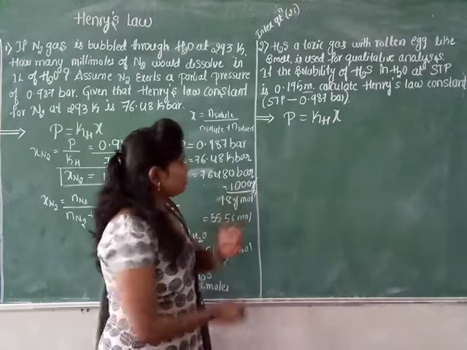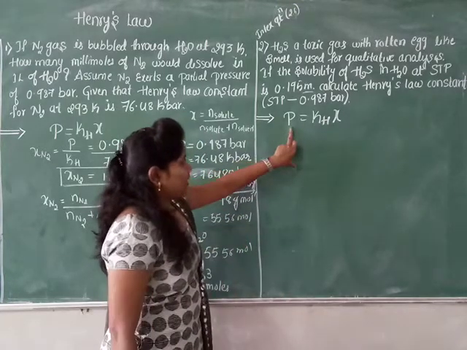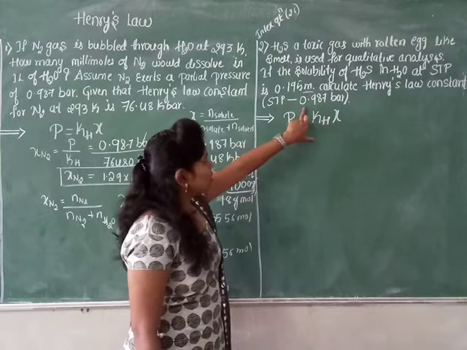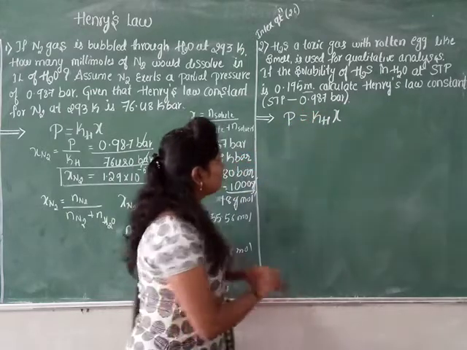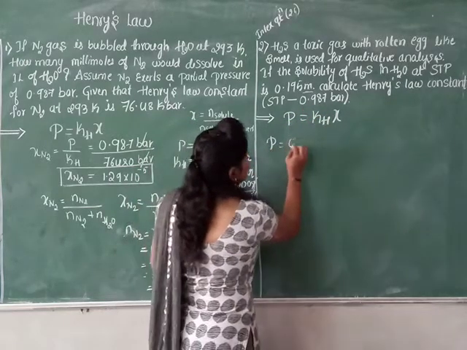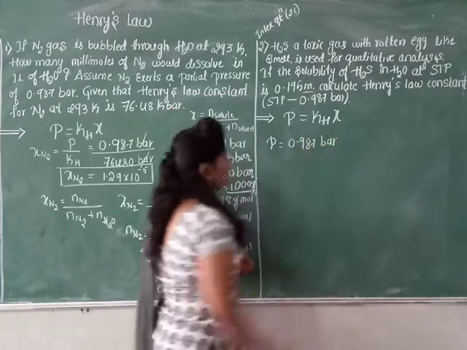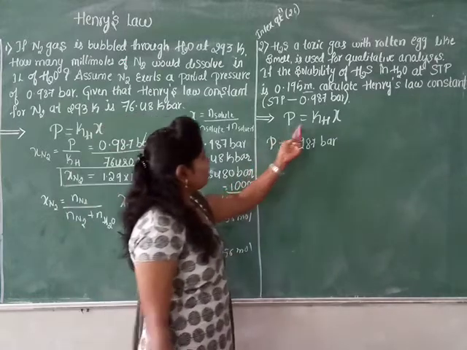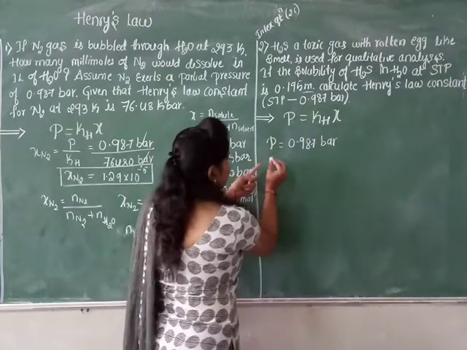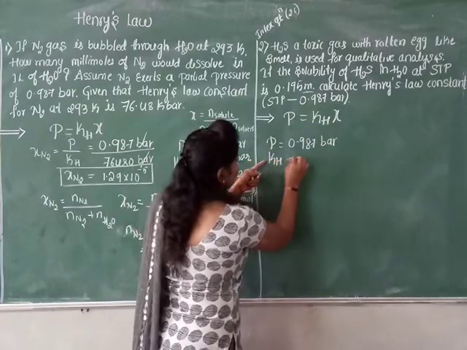See what they have given. P is 0.987 bar. And what they have asked us is to calculate the Henry's law constant, that is kH, which we have to find out.